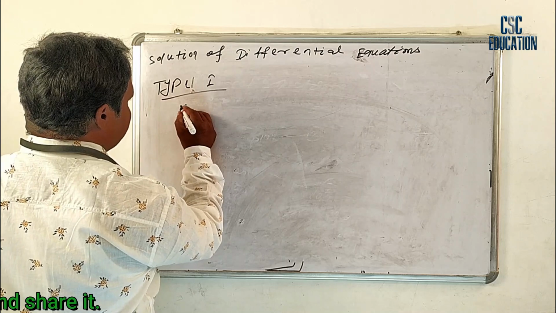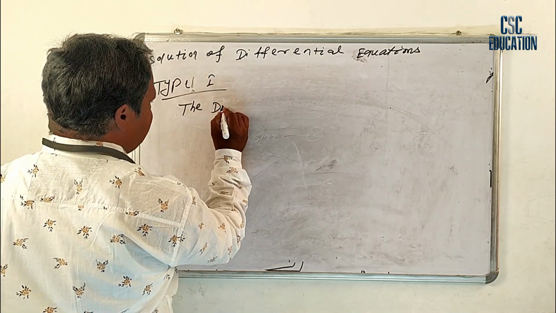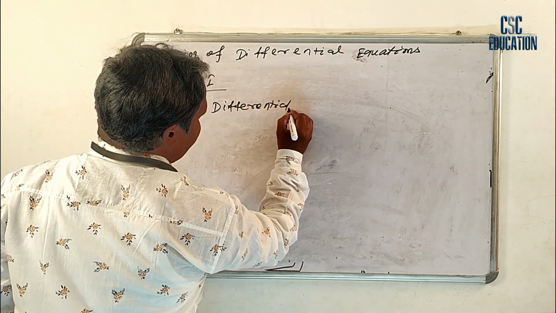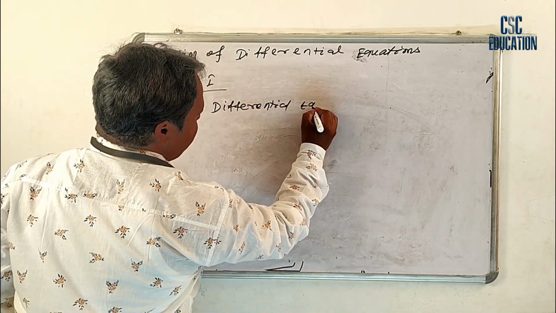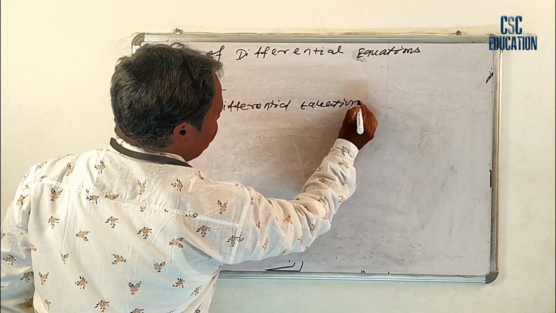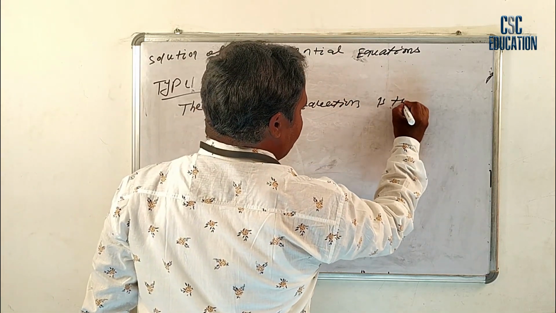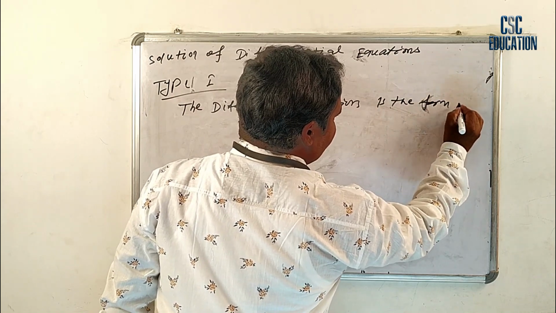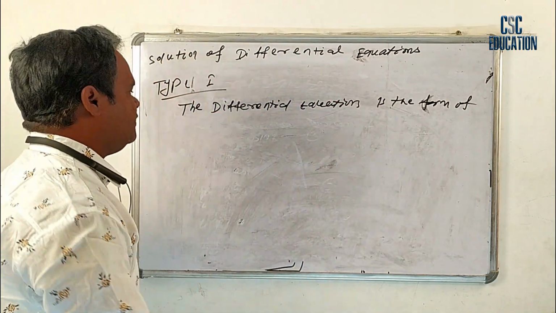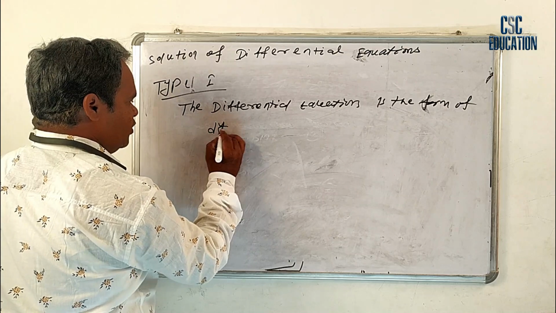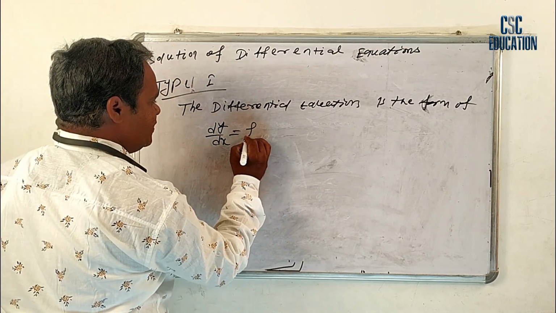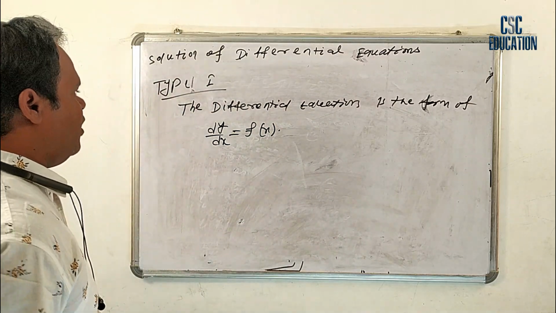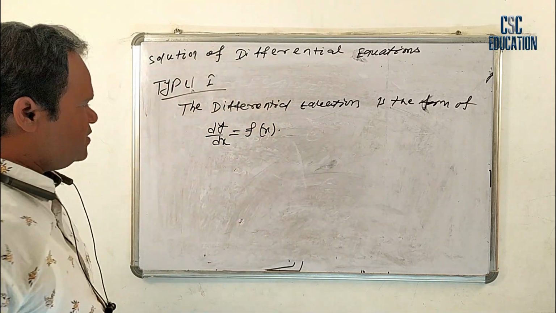The differential equation is of the form dy by dx equals f of x.